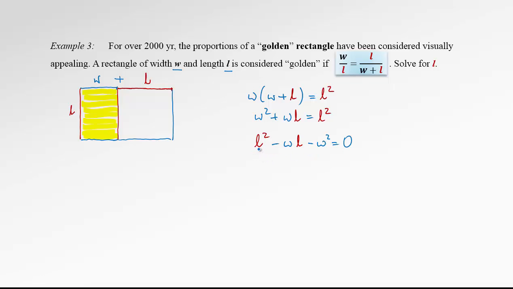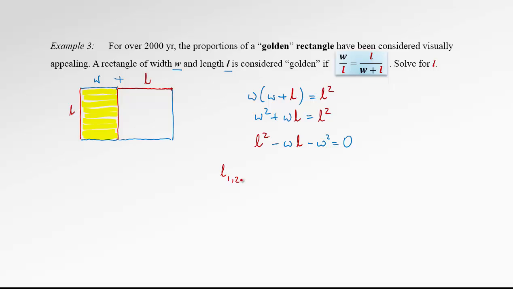Okay, so now we have very symmetrical quadratic trinomial. It is quadratic with respect to L, and it's also quadratic with respect to W. But let's focus on L. So to solve this equation, we are using quadratic formula.